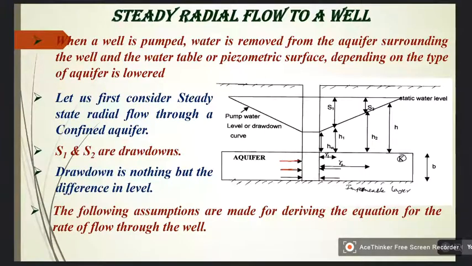The flow is like this. So if you consider in plan, this is the well, and this is the flow. So at any section, at any level, if you consider, the flow will be horizontal.